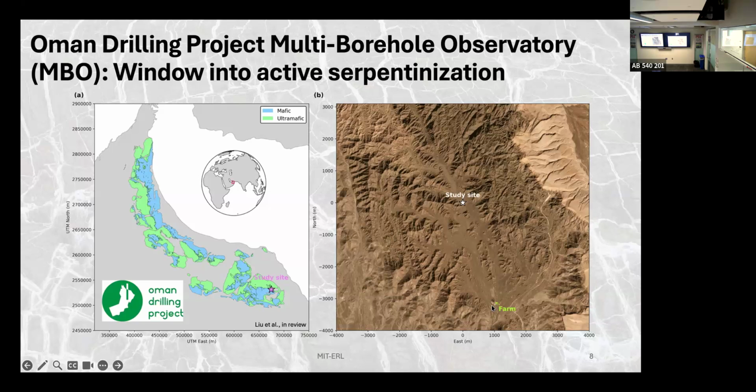The closest permanent human residence is a small farm that is about 3 kilometers south of our site. I'm stressing this because some of the seismic signals I'm going to show you later, some similar signals have been known to be generated by human activities, but we are very sure that ours are not. And we are going to show several lines of evidence for that.